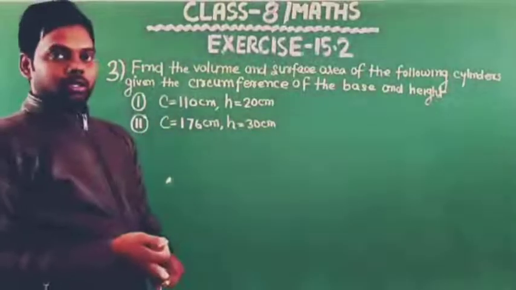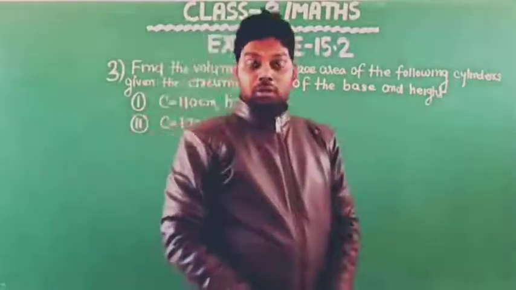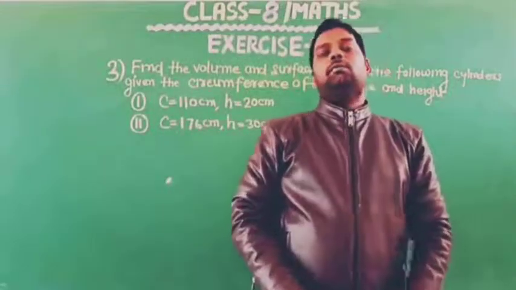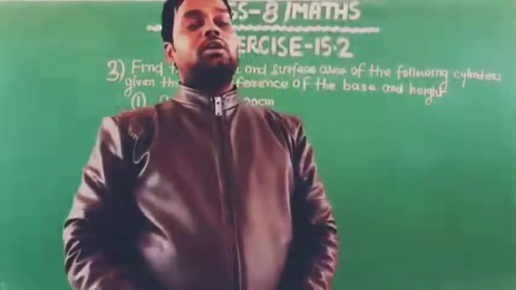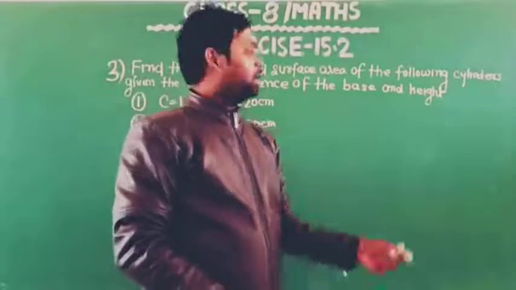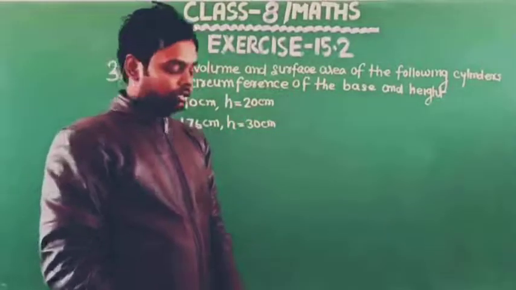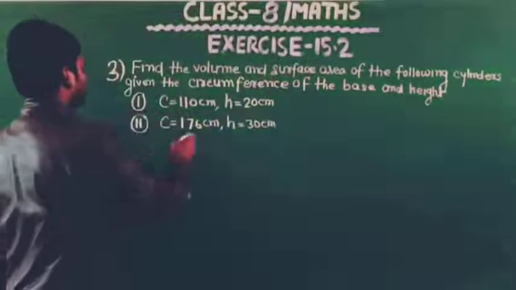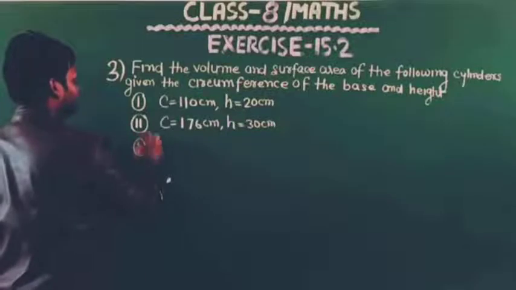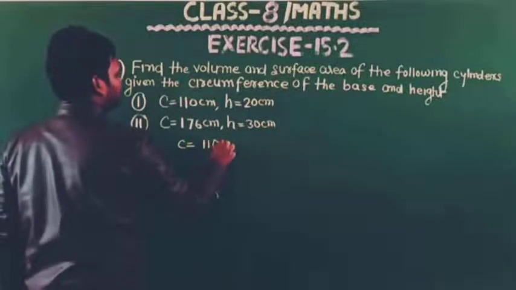In the previous question number 2, we were also asked to find the volume and surface area of the cylinder whose area of the base was given, but here the circumference of the base is given. So the first part is given circumference C equal to 110 centimeter.